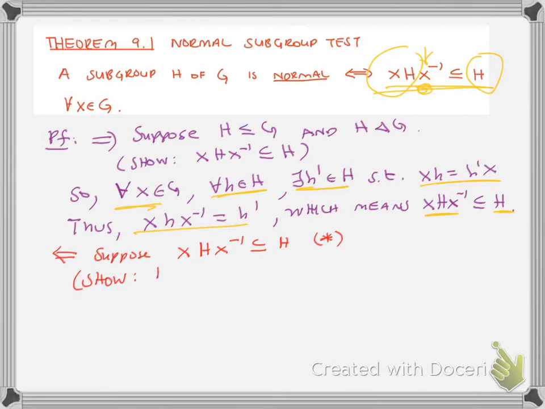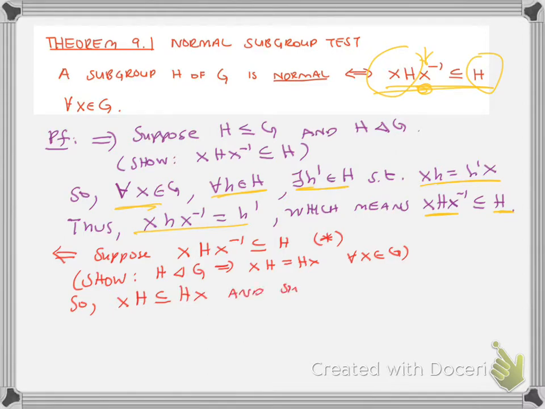We show that H is a normal subgroup, which means we need to show that xH is equal to Hx for all x in G. So just using the definition. If we multiply the right side of that by x, we can say that xH is a subset of Hx.